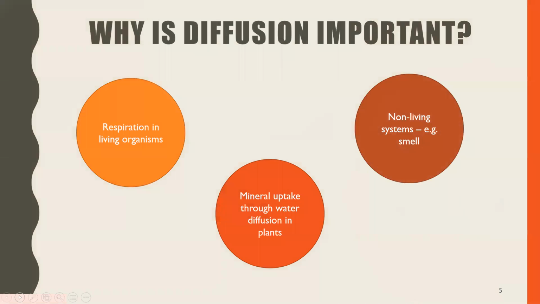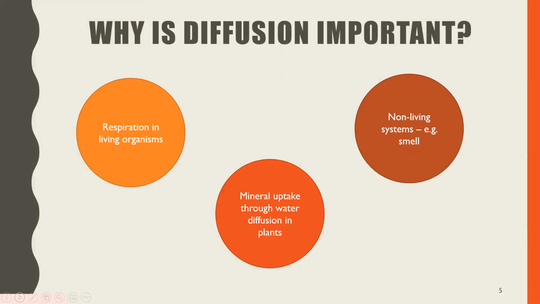So what is diffusion important for? Diffusion is important for many different processes. The first one we're going to look at is respiration in living organisms. In living organisms, respiration occurs in our cells. And when this happens, one of the waste products of respiration, as I'm sure you've learned, is carbon dioxide. So if we have this waste product of carbon dioxide building up in the cells, this obviously causes a high concentration of carbon dioxide in the cell.